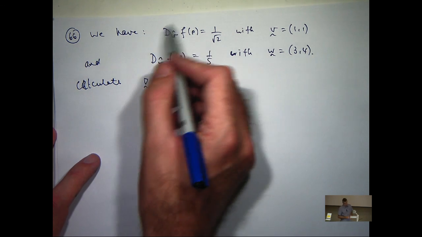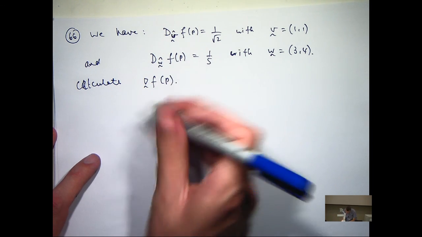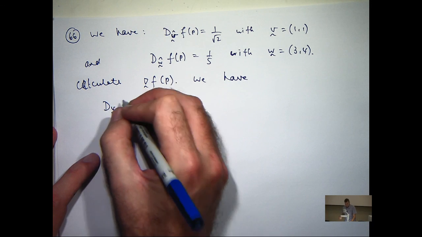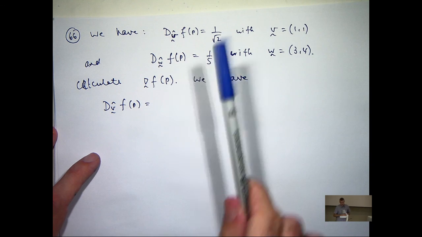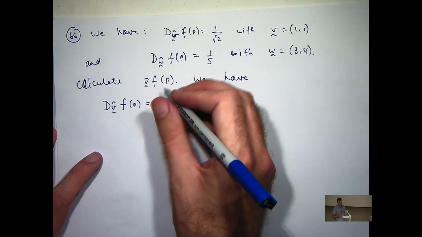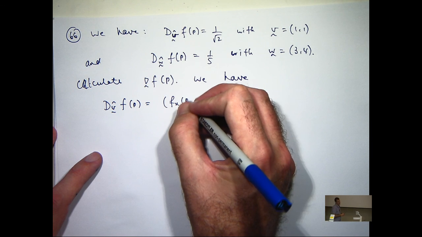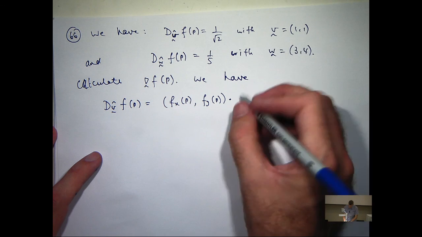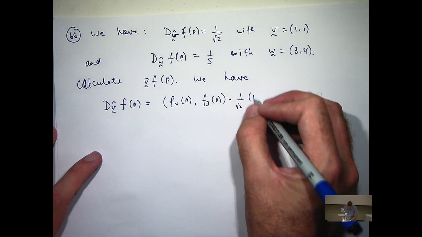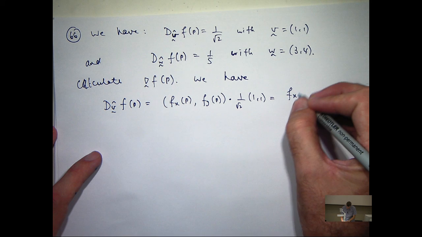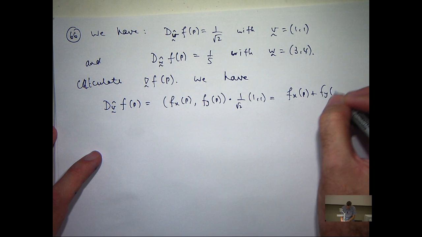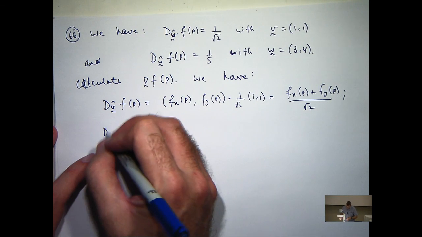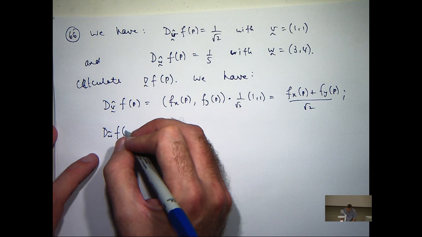All right, so let's look at the first piece of information. It's just the dot product of the partials at P with a unit vector. So the unit vector associated with this is going to be this. And similarly, you do the same thing for the second case.